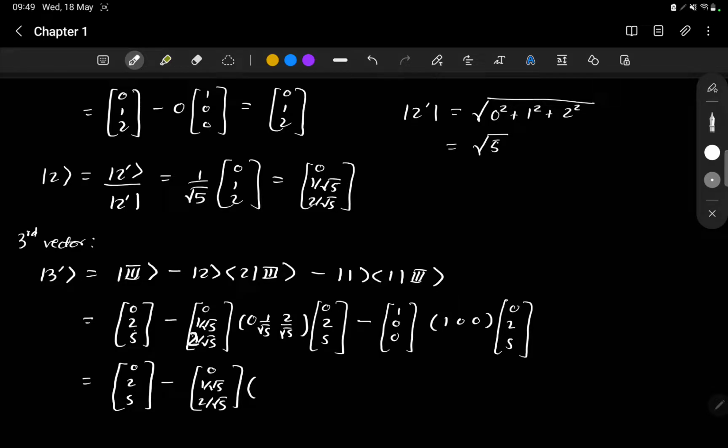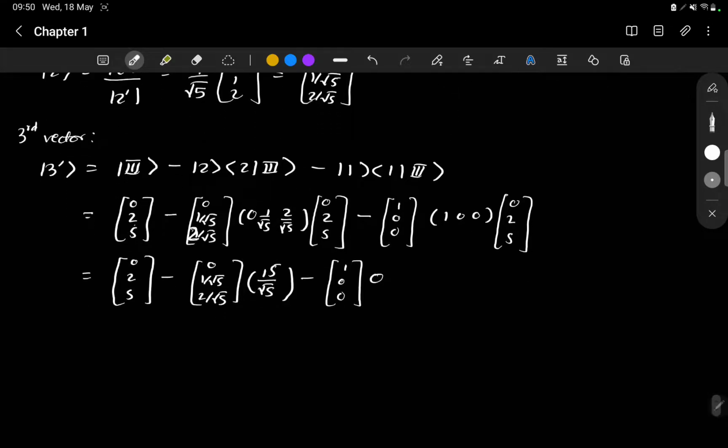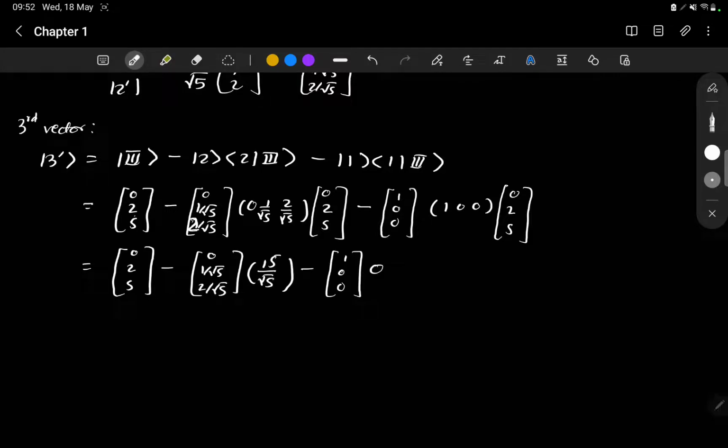That gives us 2 by root 5 plus 10 by root 5, which is 12 over root 5. Sorry, I made a mistake over here.